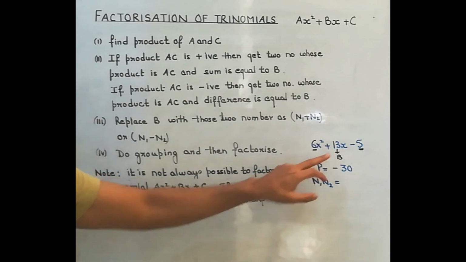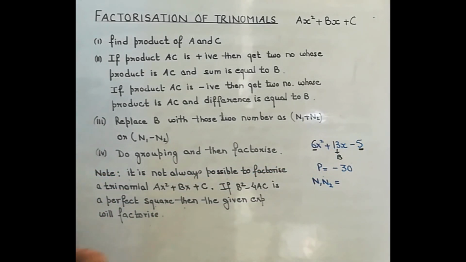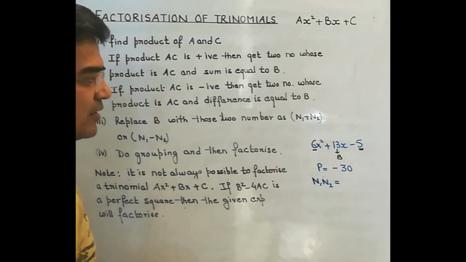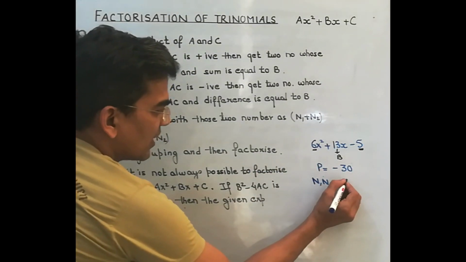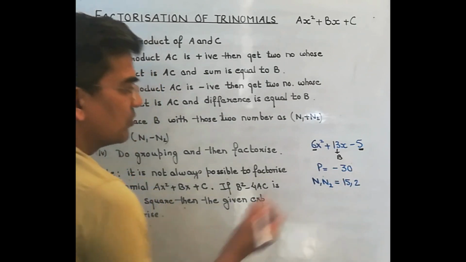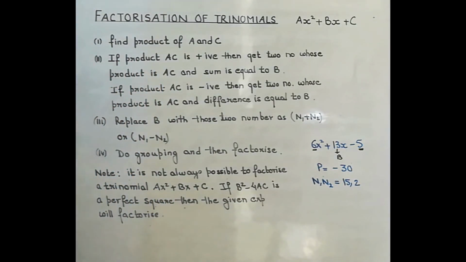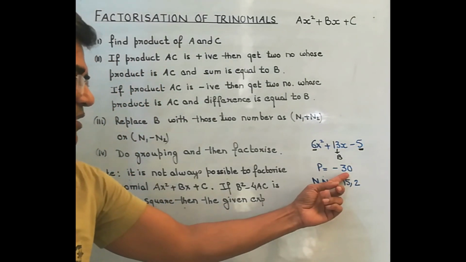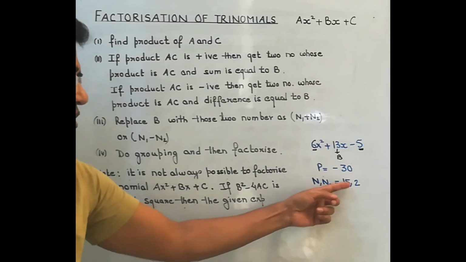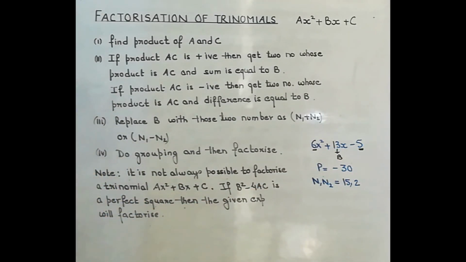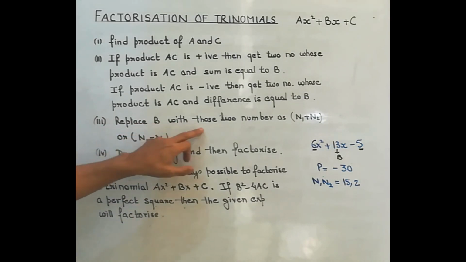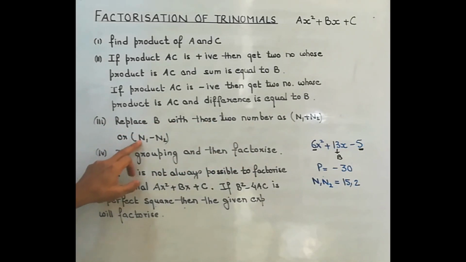It is 13. So you have to get the two numbers whose difference will be 13, but their product should be 30. So the two numbers can be taken as 15 and 2. You can see these two numbers when multiplied will give us 30 and the difference of these two numbers will remain 13.